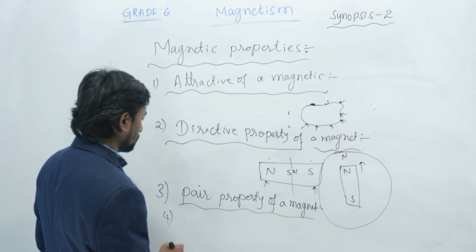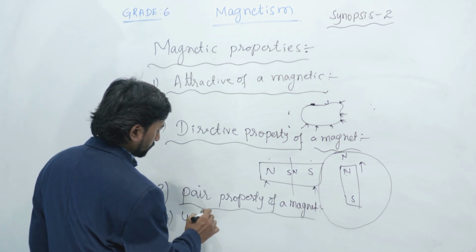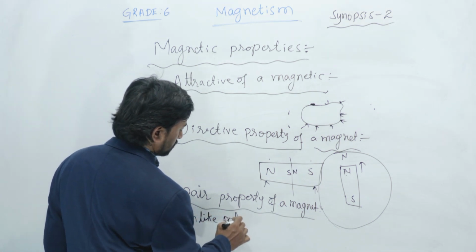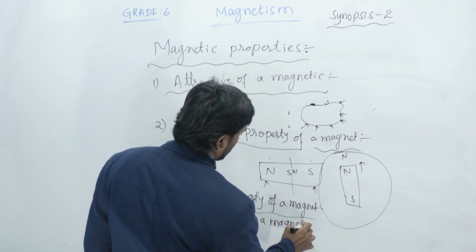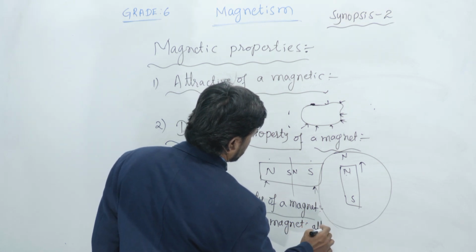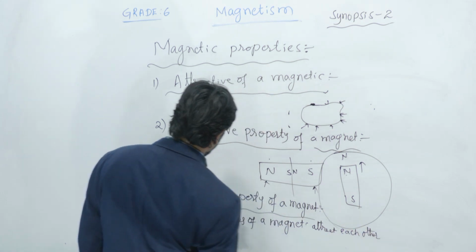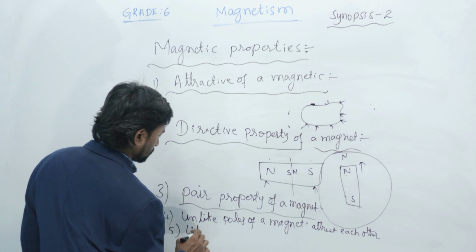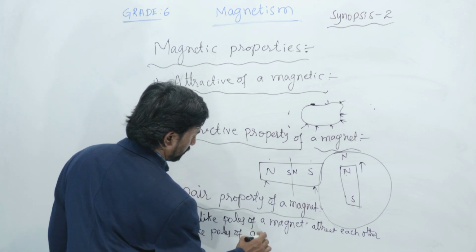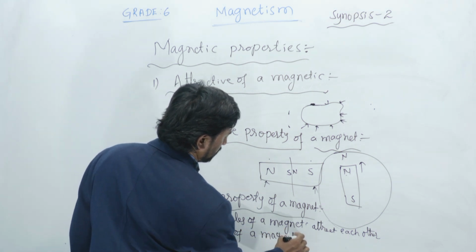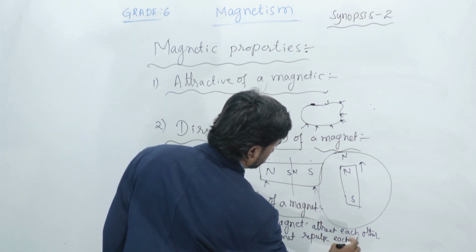So that property is about like poles and unlike poles. Unlike poles of a magnet attract each other. Like poles of a magnet repel each other.